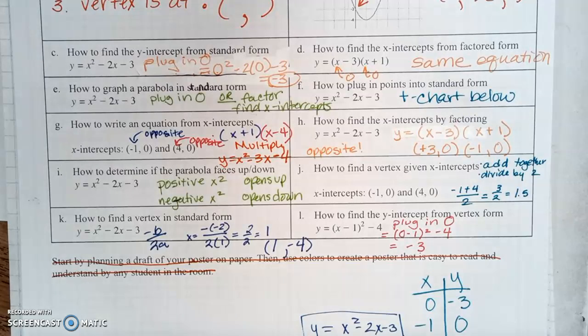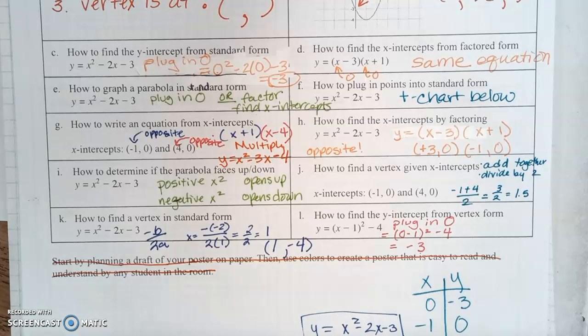Your x-intercepts are going to be the opposite, because that's what makes it 0. So this one is going to be positive 3, even though we don't generally write the positive sign. I just wanted to exaggerate it there, that it's the opposite. Okay? And then for this one, you take the opposite of positive 1, which is negative 1. And that gives you your two x-intercepts.